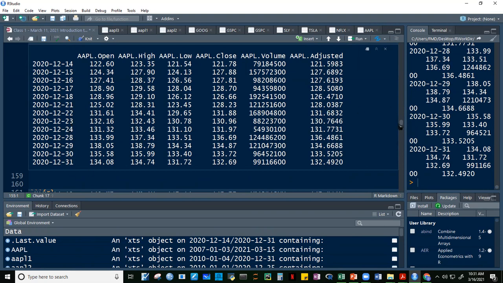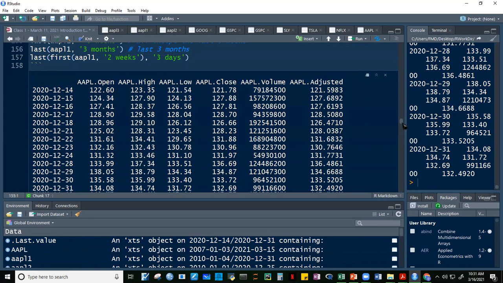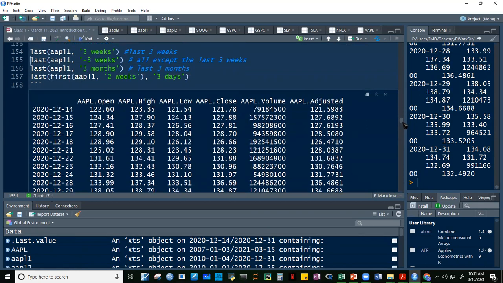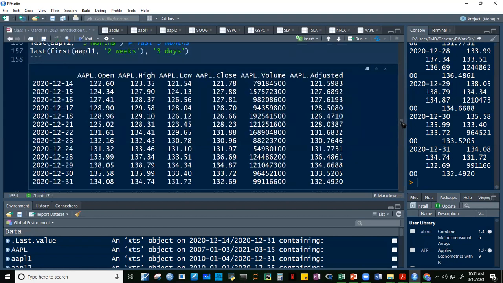Okay, bakit 13 lang itong last 3 weeks? Bakit, guys? Di ba dapat 21 yan? Guys, ano?